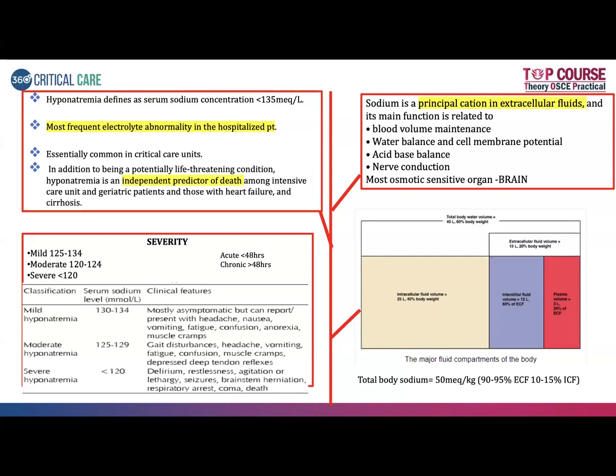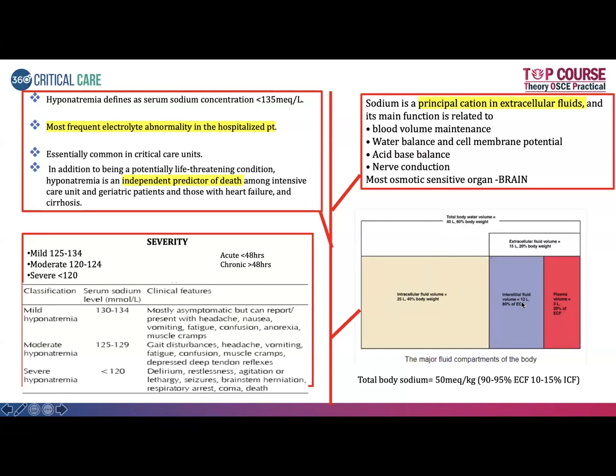So sodium is the principal cation in the extracellular fluid. When we are looking into the body water compartment, 40 liters, that is 60% of the body weight, the total body water volume. Looking into intracellular and extracellular, almost 25 liters are present in the intracellular.